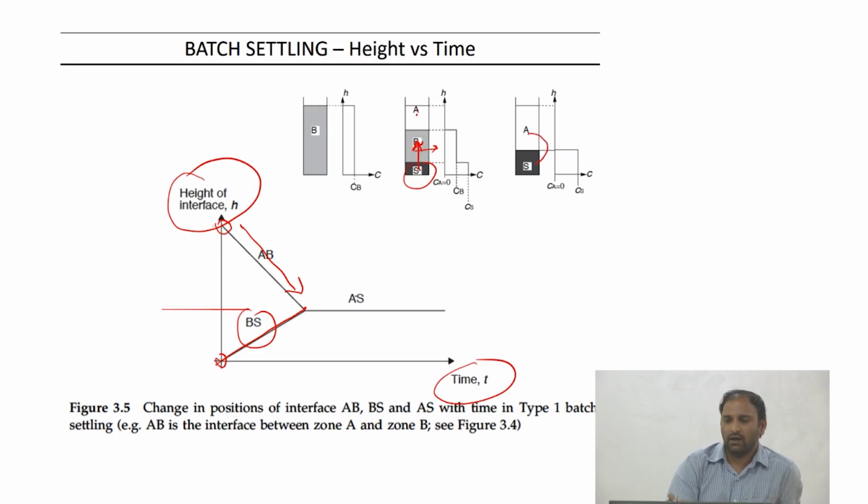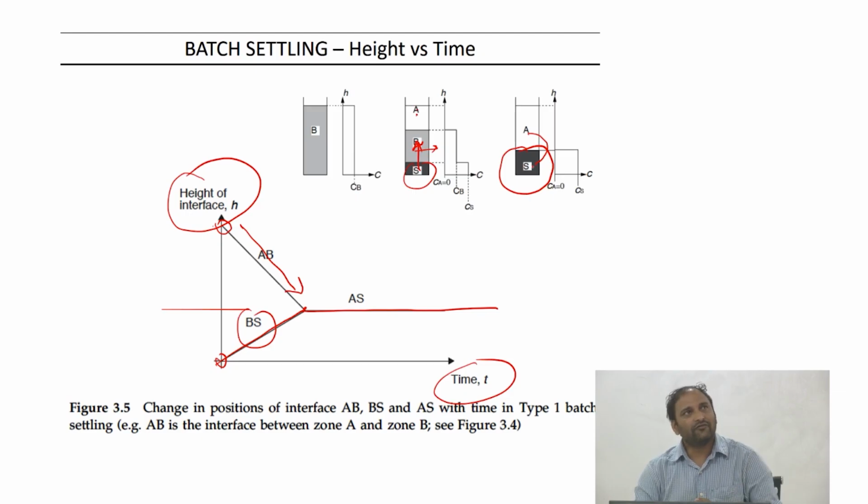And you could have a case where your A and S interface could be flat like this. That is going to happen for cases where the solids that are present in the zone S can support their own weight.